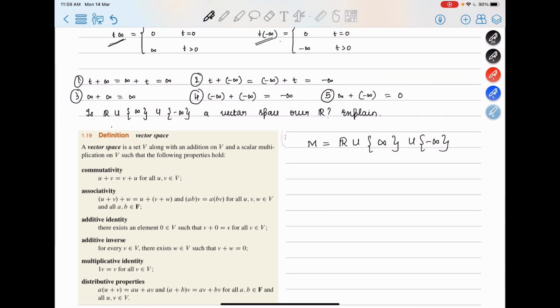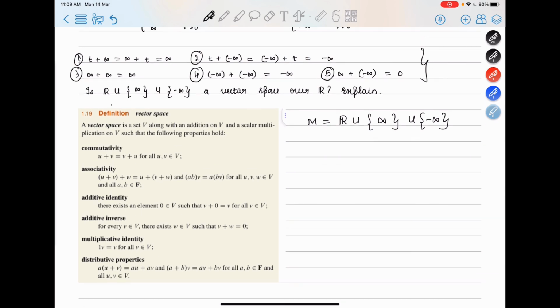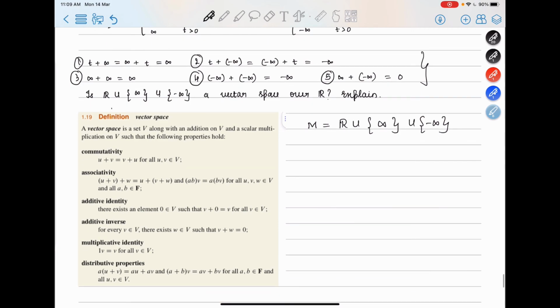Here these 5 axioms on top will help to see if there are any problems. So t plus infinity equals infinity plus t. So commutativity is satisfied, and t plus minus infinity is minus infinity plus t equals minus infinity. Again commutativity is satisfied.